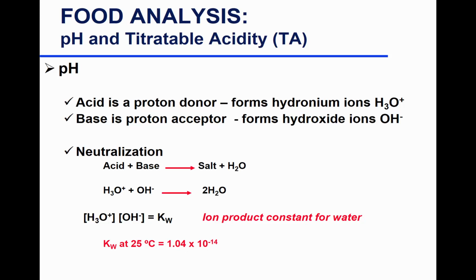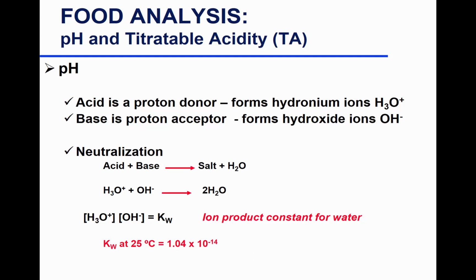So hydronium ion reacts with hydroxide ion to give you water. The concentration of hydronium ion times the concentration of OH minus, hydroxyl, will give you the ion product constant for water, which at 25 degrees C is 1.04 times 10 to the negative 14, and that's your range of the pH, up to 14, right?